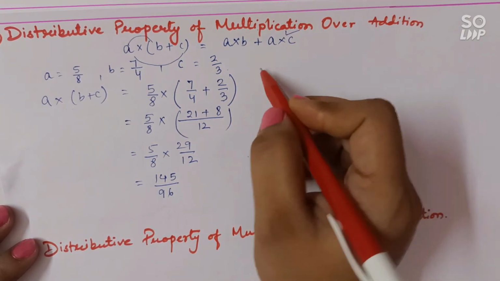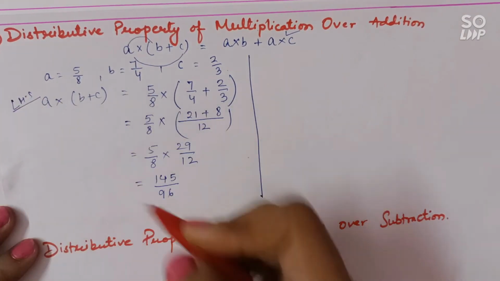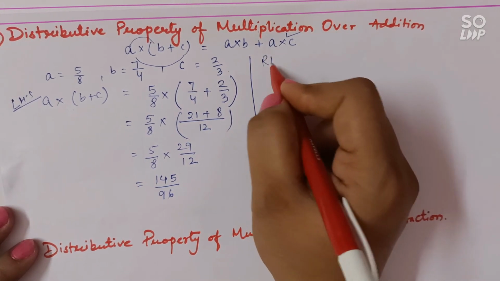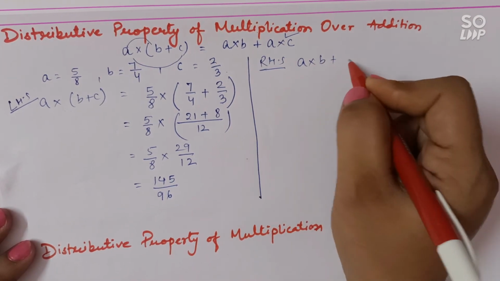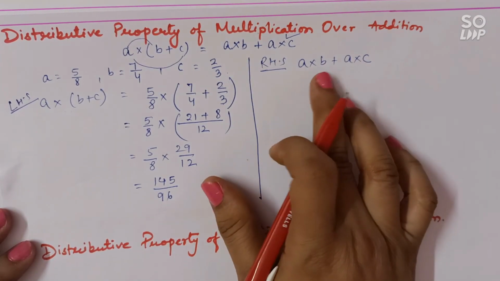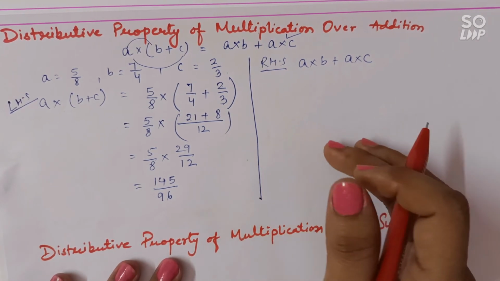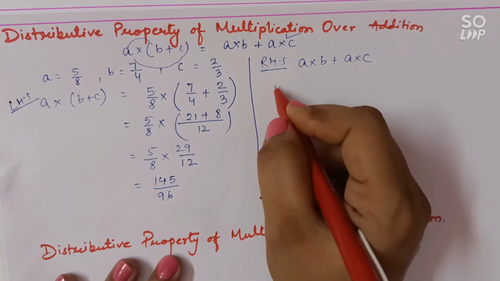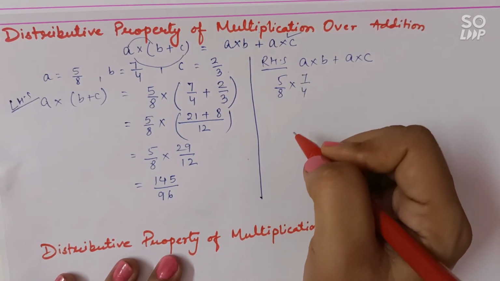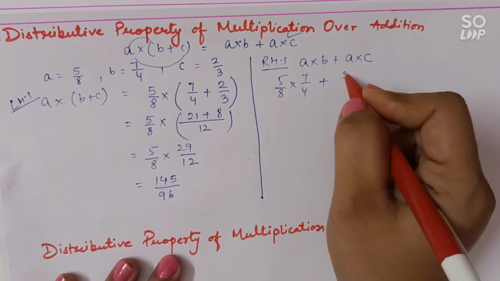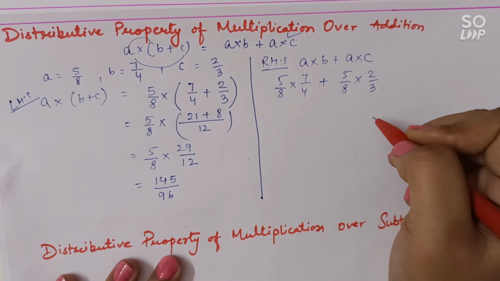Let's check it out for the RHS part. This is our LHS. Let's solve for RHS also. It is A into B plus A into C. A multiplied by B plus A multiplied by C. Now A is 5 by 8 multiplied by 7 by 4 plus 5 by 8 multiplied by C, which is 2 by 3.